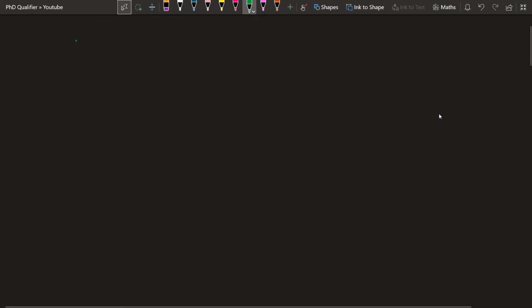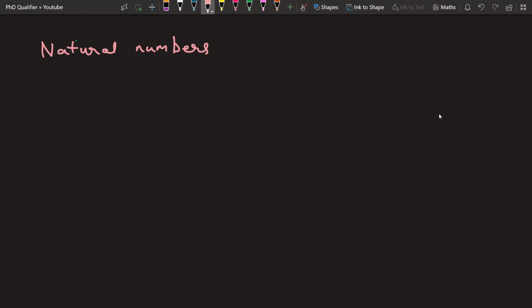Yes. Hello everyone. So previously we were discussing the number systems, and till now we have discussed natural numbers, we have discussed integers, and we have discussed a Cartesian plane of integers where there are discrete points on a plane at integer coordinates.